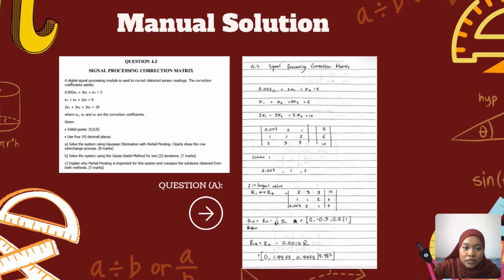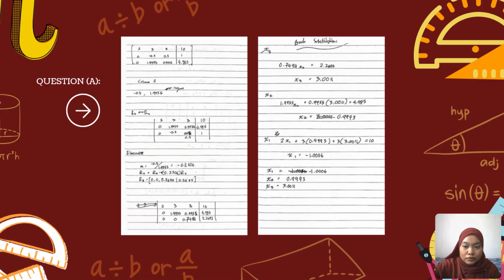Next, partial pivoting was applied by selecting the largest coefficient in the column as the pivot element. This step helps improve numerical stability and reduce computational errors. After obtaining the upper triangular matrix, we perform back substitution to calculate the unknown variables.